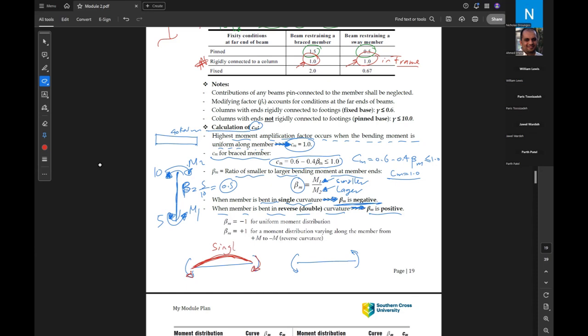This is called single curvature. But if the two moments are like that, this side will go up, this side will go up, so it has double curvature. If we have single curvature, take beta M as negative. If we have double curvature, take beta M as positive. Okay. Is there any problem with that?